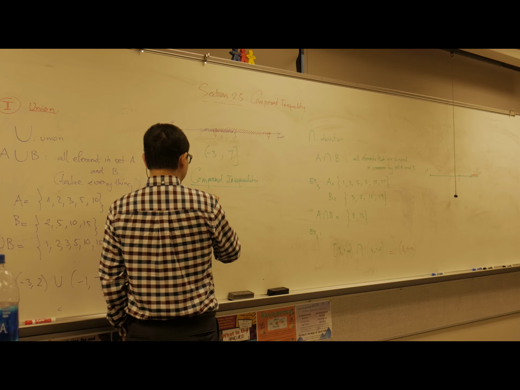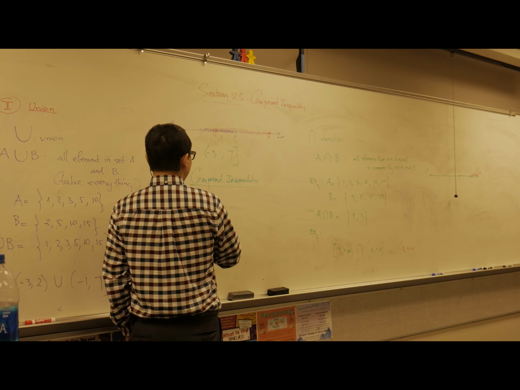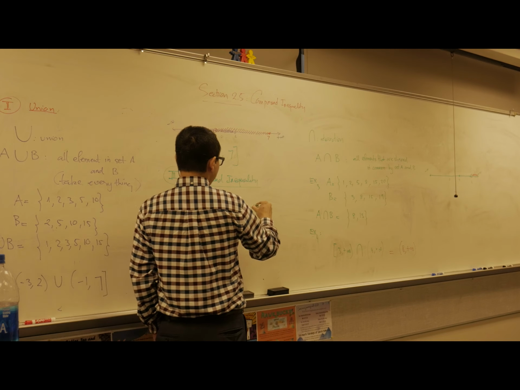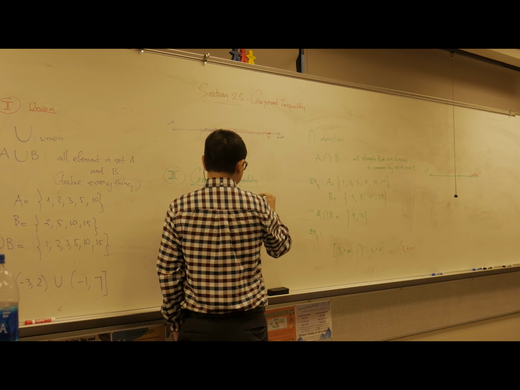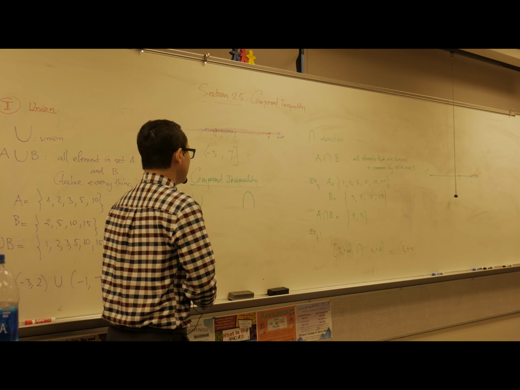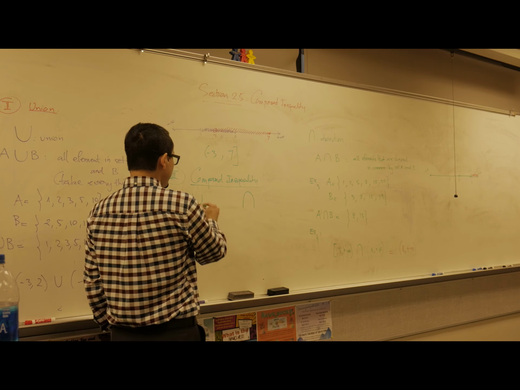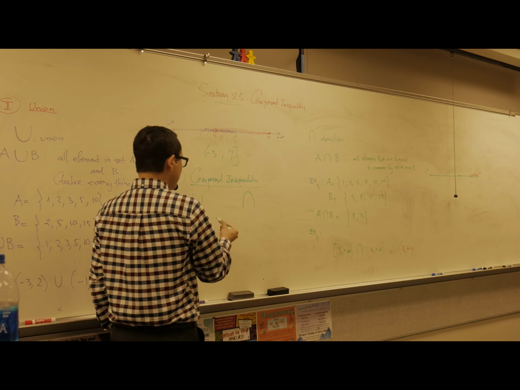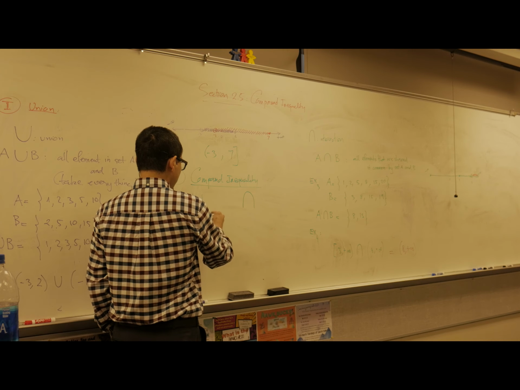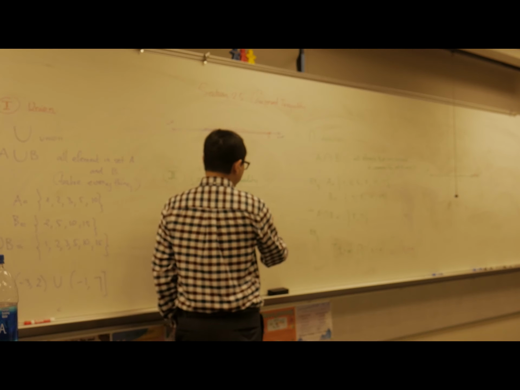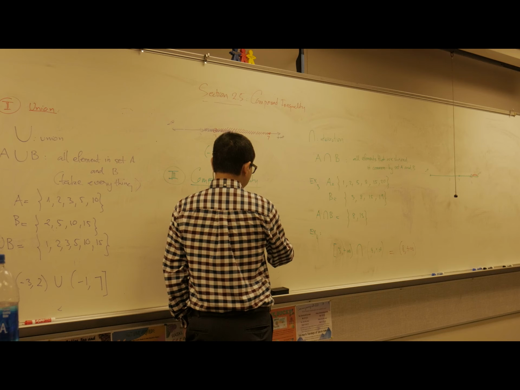The first symbol is union, the one we just talked about. And the second symbol is intersection. Or we can use words. Union has another meaning, it means or. And intersection means and.